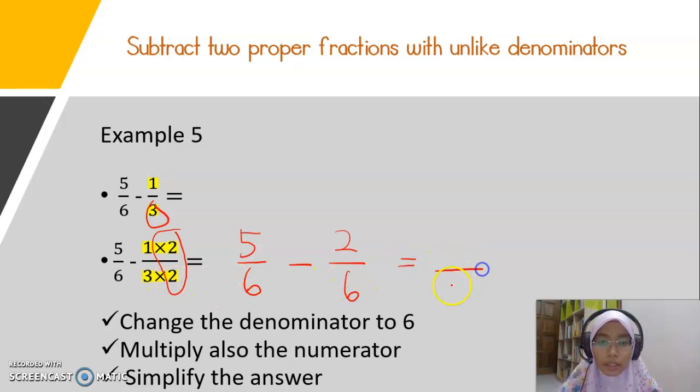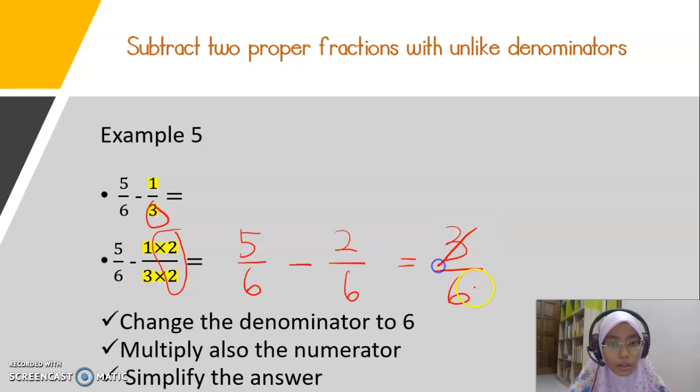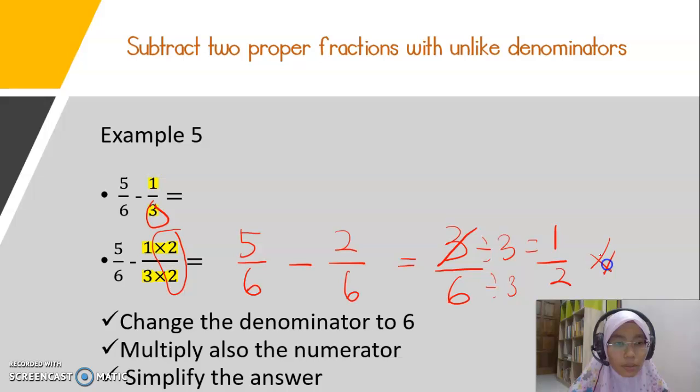Down here we write 6. 5 minus 2 equal 3. We can simplify this fraction. So when we simplify, we divide it with 3 is equal 1. 6 divide with 3 equal 2. So the answer is 1 over 2.